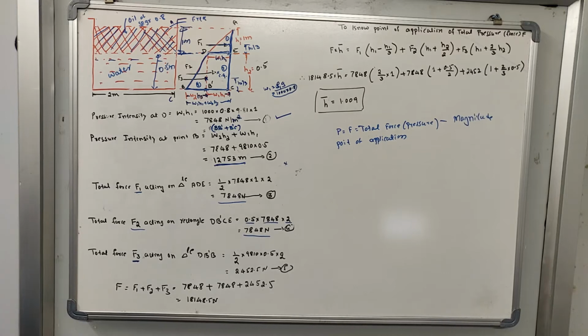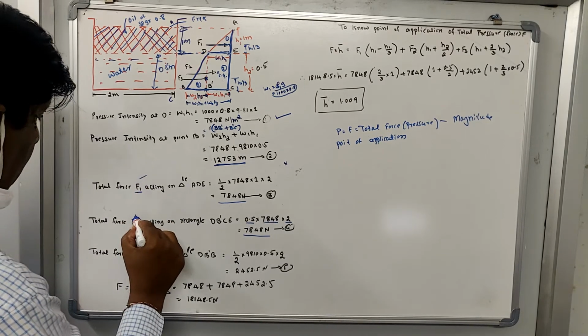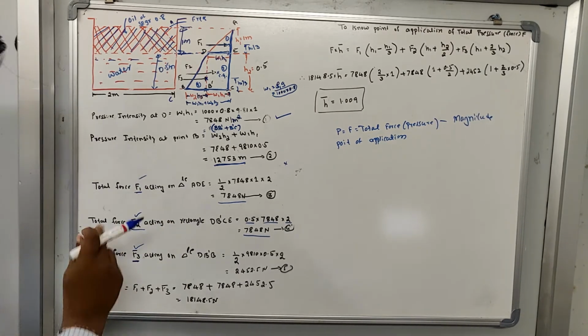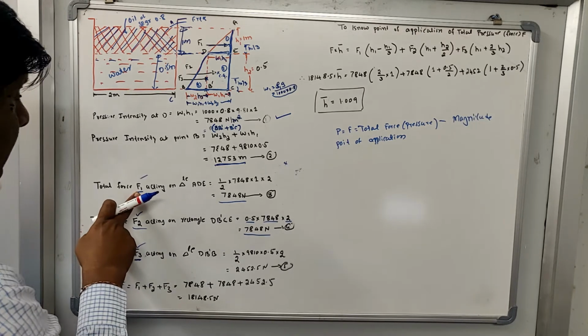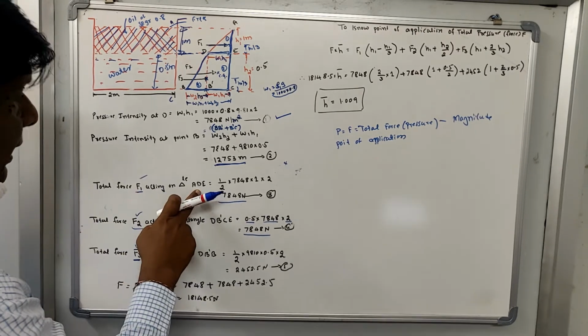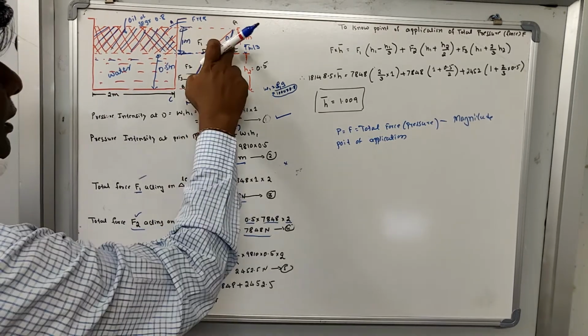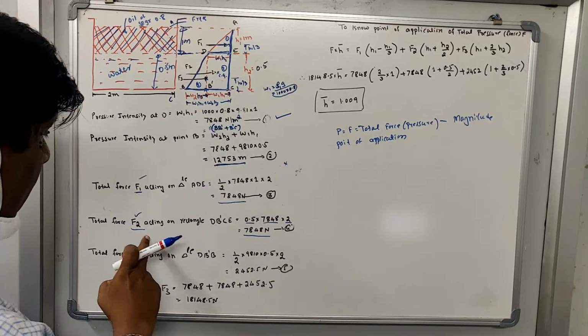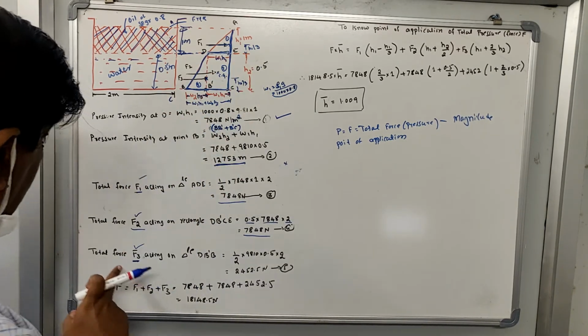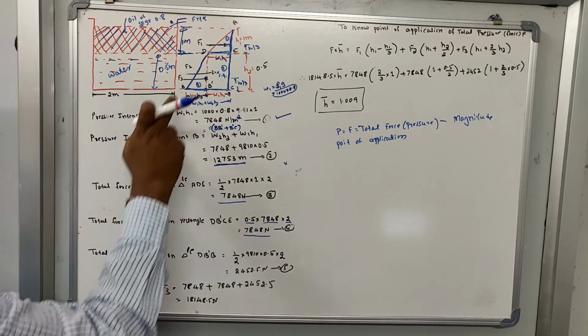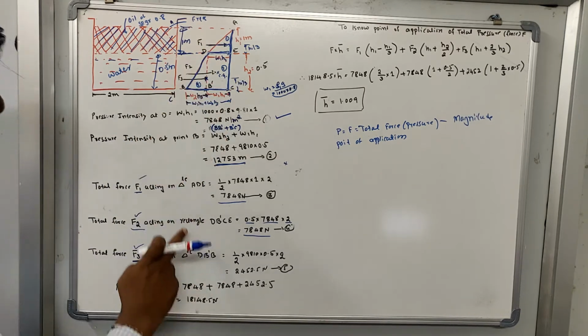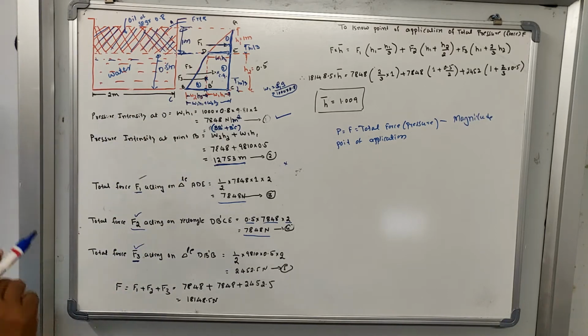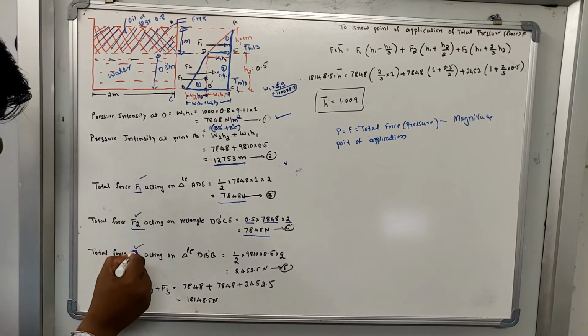So now we have calculated the magnitude of force F1, F2 and F3. Force F1 is acting on the triangle ADE, and we have also calculated its point of application. F2 is the force acting on this rectangle, and we have also calculated its point of application, and also the force acting on the triangle DBB dash and its point of application. So now what is the total force? The total force is the sum of F1, F2 and F3.